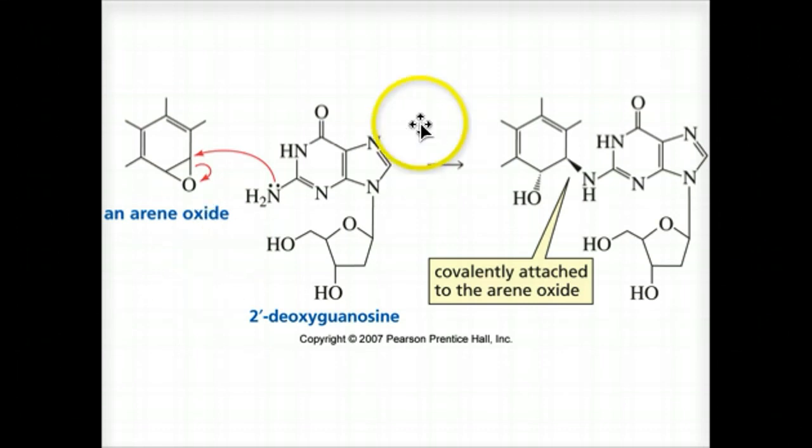2-deoxyguanosine, it's right here, a component of DNA, has a nucleophilic amine group that is known to react with certain arene oxides.